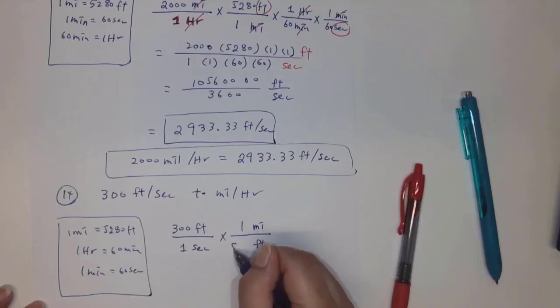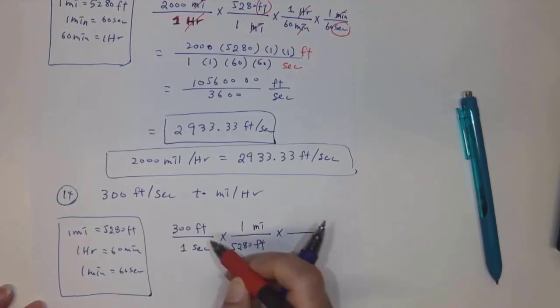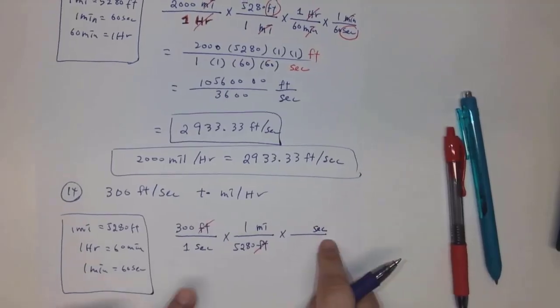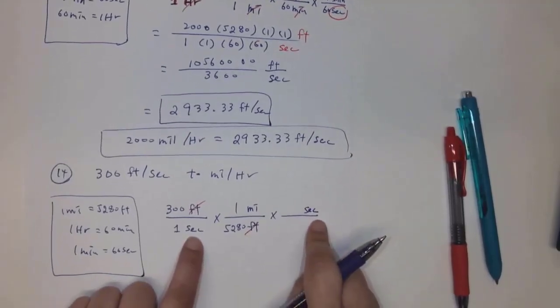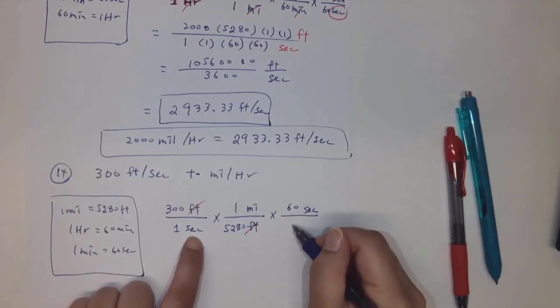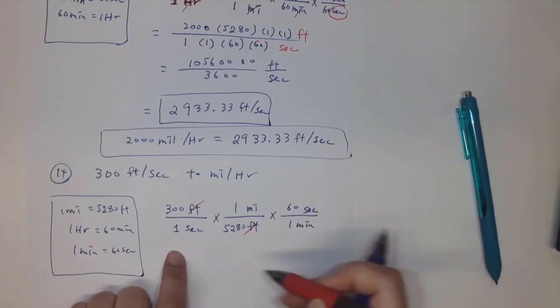Okay, and then what else needs to go? Seconds. Go to the top because the original one is at the bottom, right? So how many seconds? 60 seconds is the same as 1 minute. Okay, so second is gone.